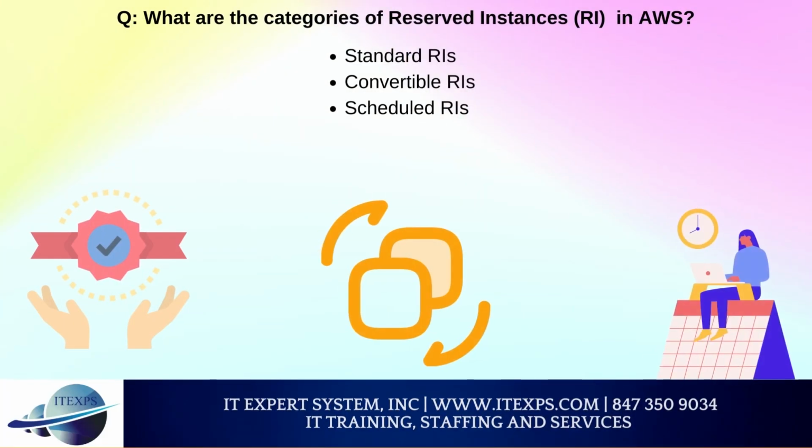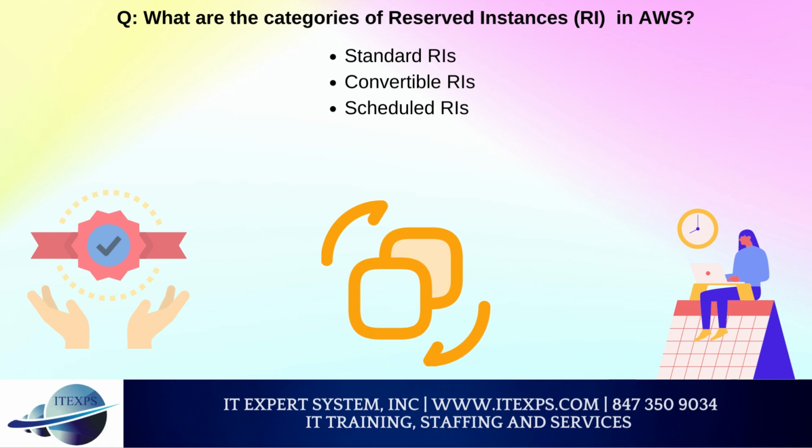What are the categories of reserved instances in AWS? Reserved instances are divided into 3 groups. Standard RIs. These RIs are ready to be used in a steady state. They have up to a 75% discount on on-demand instances. Convertible RIs. These RIs allow you to adjust RI attributes as long as you create an RI of equal or greater value in exchange.